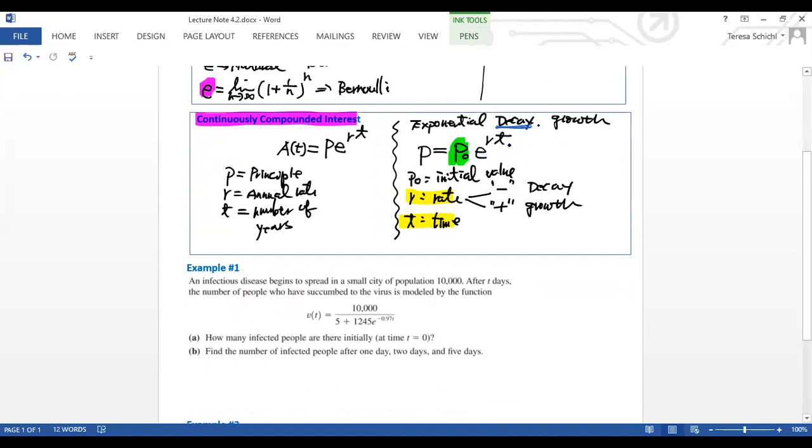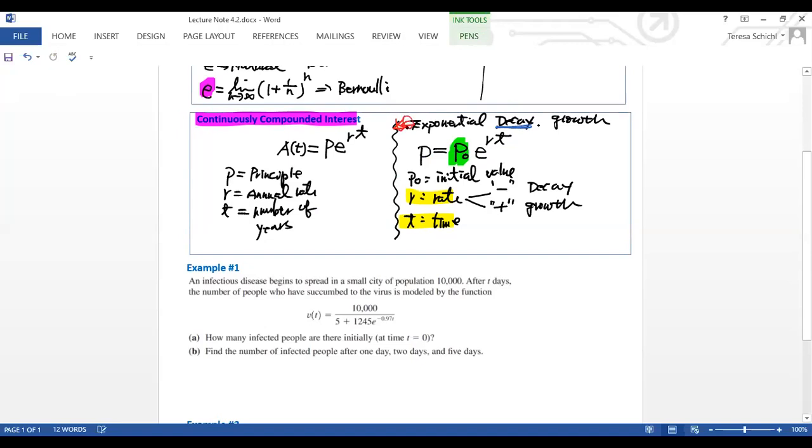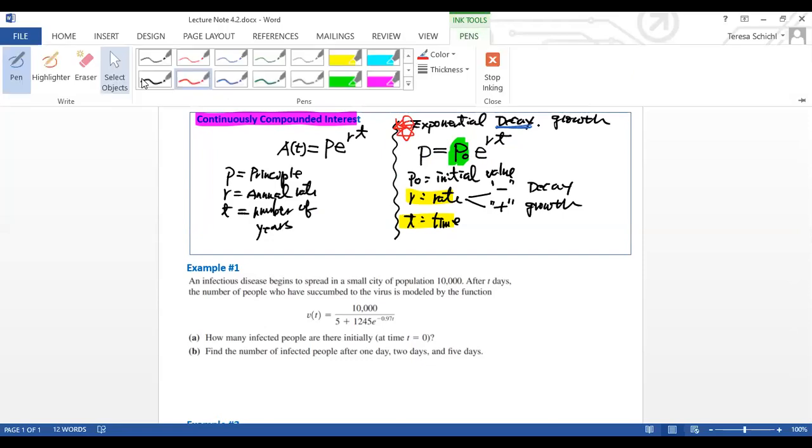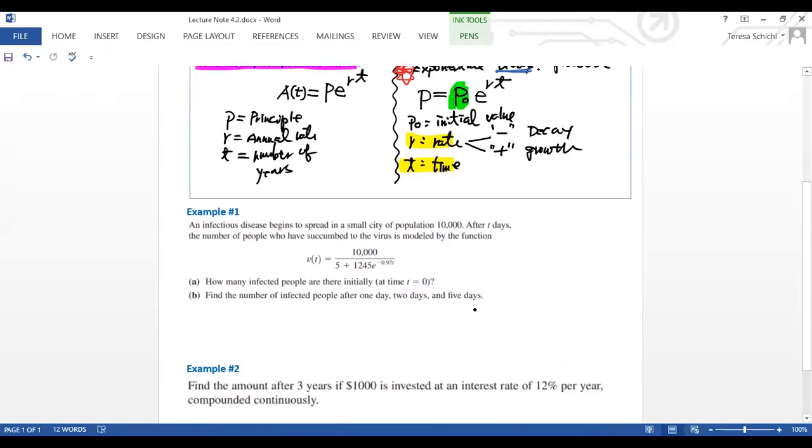If it decays 10% every 10 years, how much radiation is still left after 100 years? So it's a very popular function and model. That's what this section is about. Later, when you do some word problems, you will see they all relate to exponential growth or exponential decay.